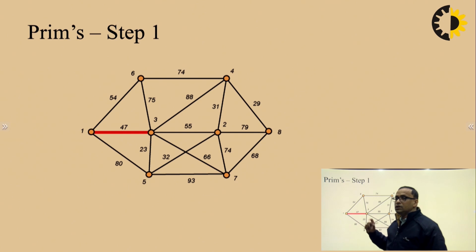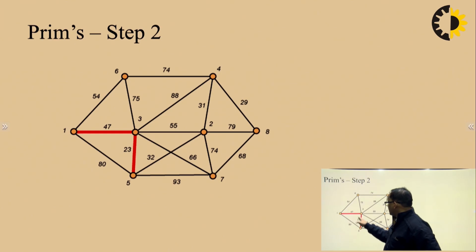Among these edges, we will select the edge which has the minimum weight. Edge 23 has the minimum weight, the edge which connects vertex 3 and 5. So this edge will be included in the minimum spanning tree.